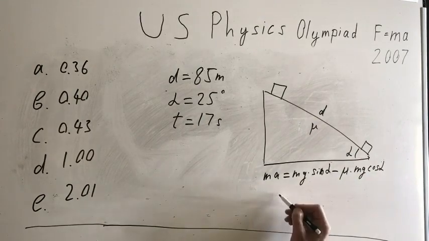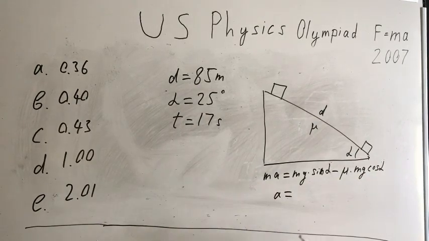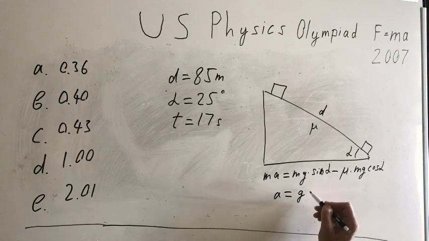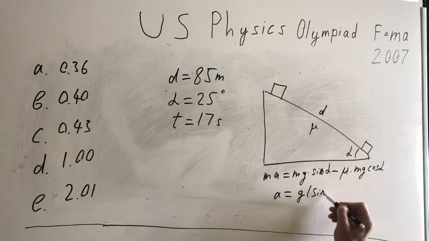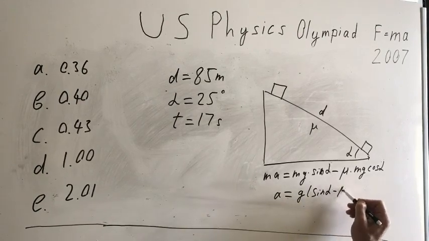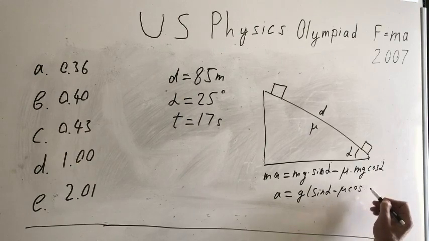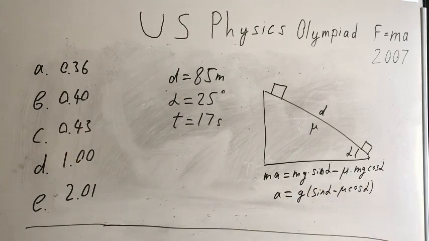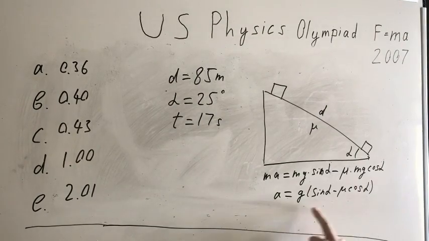So from here we find the acceleration: a equals g sine alpha minus mu g cosine alpha. From this formula we can find the coefficient of friction if we know the acceleration.